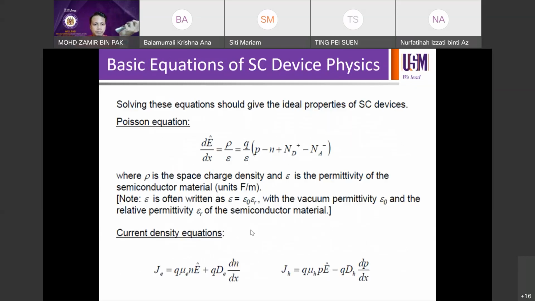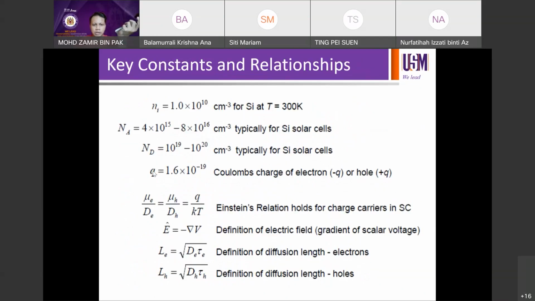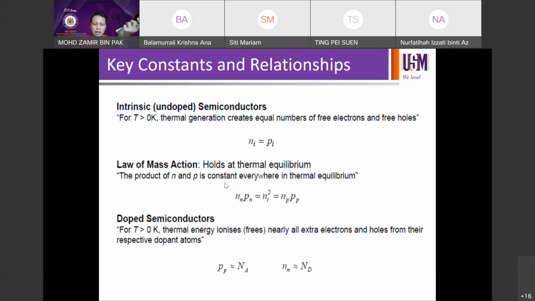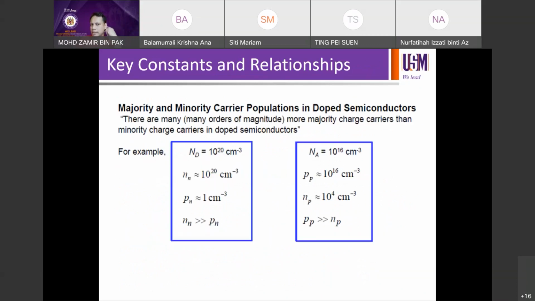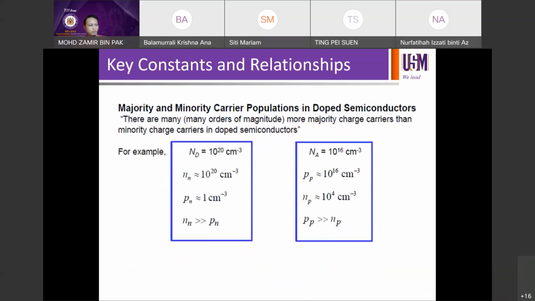Okay. So these are all equations related to the device physics. I don't want to go through some of the recap of the previous concepts that we learned. Mass action, np equals ni squared, all those stuff. Yeah, minority carriers, drift and diffusion, current density, the total current. Right.